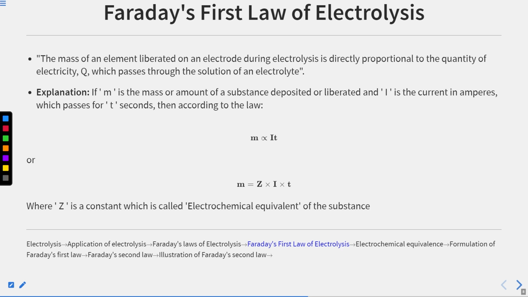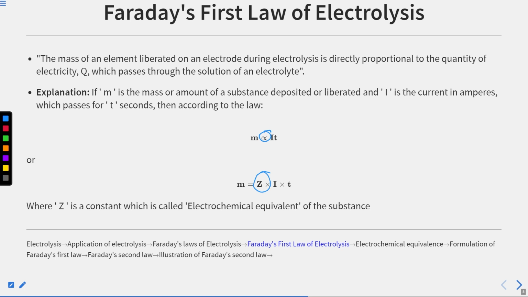This is Faraday's first law of electrolysis. Now we replace this proportionality with a constant Z. What is Z? Z is a constant value which is called the electrochemical equivalent of the substance.